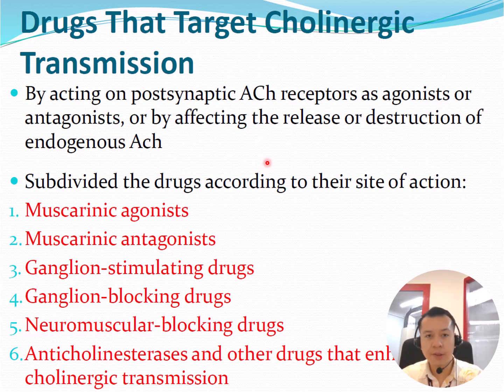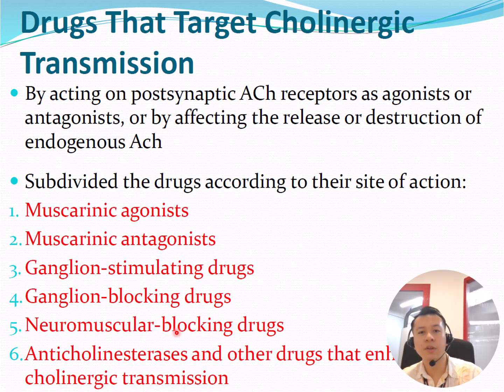Some of these drugs act on the nicotinic receptor in the ganglion. Either they can stimulate them by using ganglion stimulating drugs, or they can inhibit them by using ganglion blocking drugs. Other targets include the neuromuscular junction, for example neuromuscular blocking agents, which can be used in anesthetics.